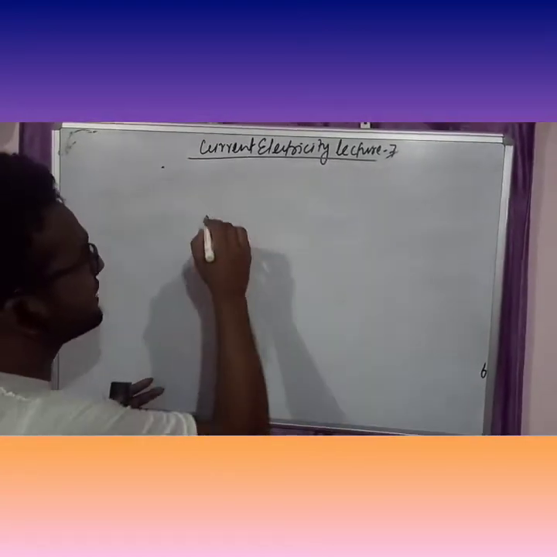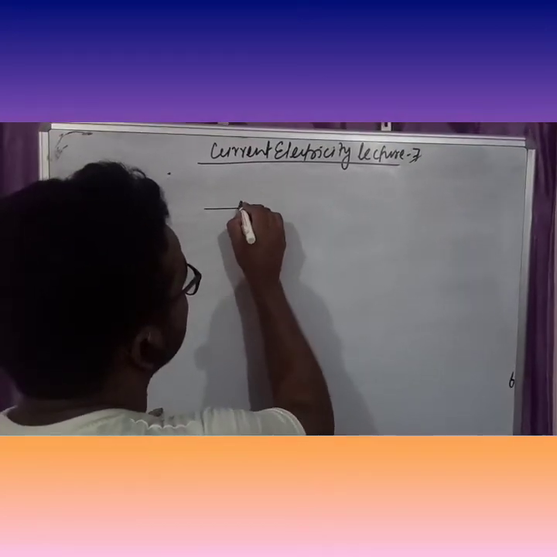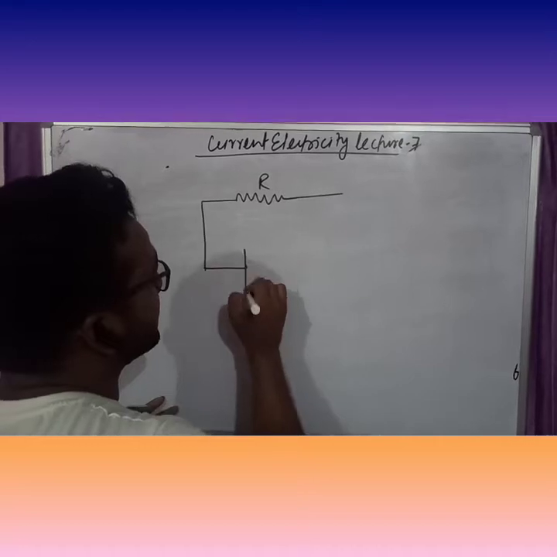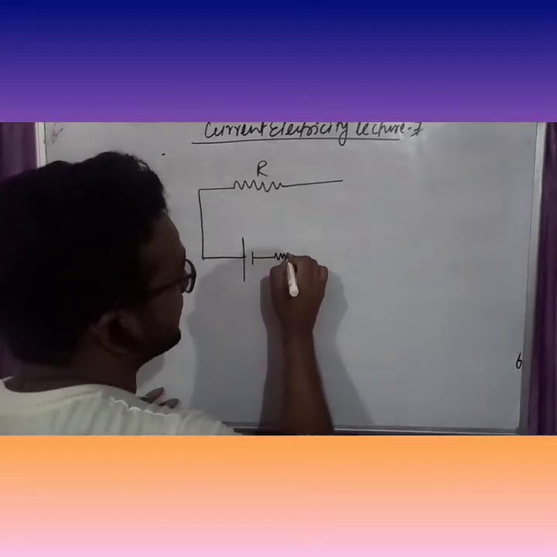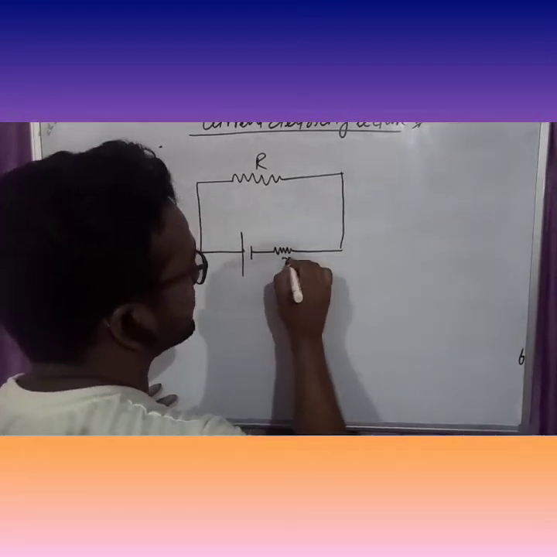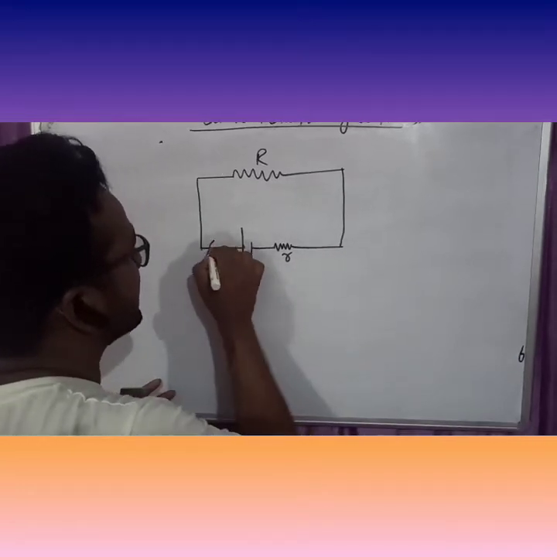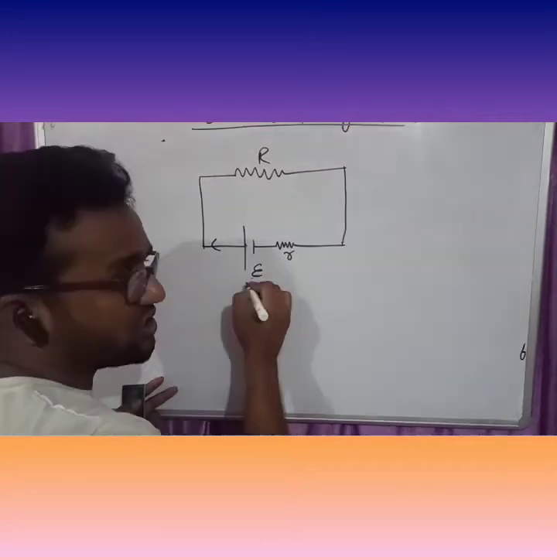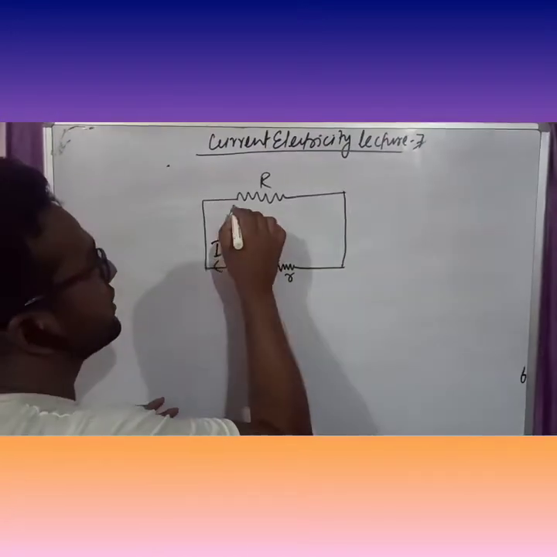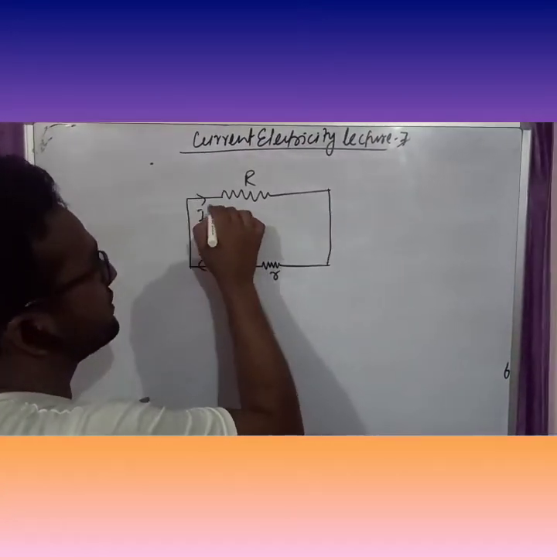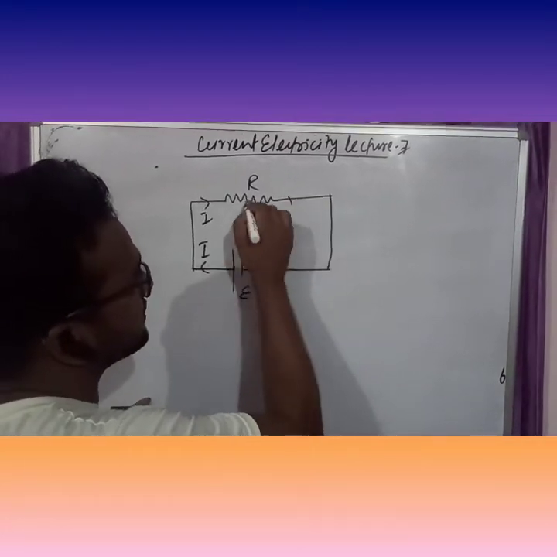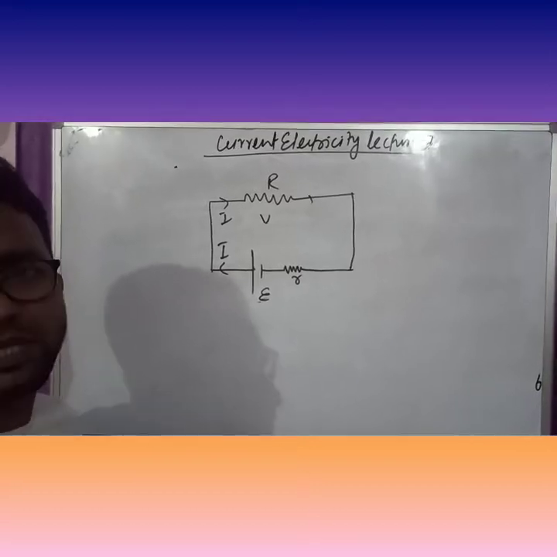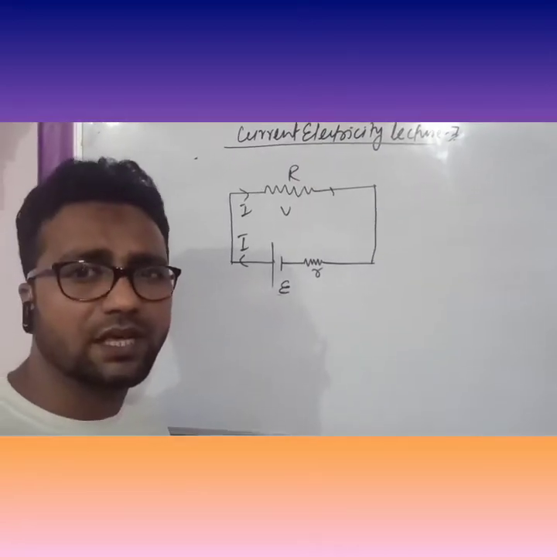Suppose that it is a circuit with an external resistance R, connected to a cell with internal resistance small r. Here is V, and you can say it is the EMF, and the current is I. Here the potential difference will be across this R. So what will be the relation between the terminal potential difference and EMF?